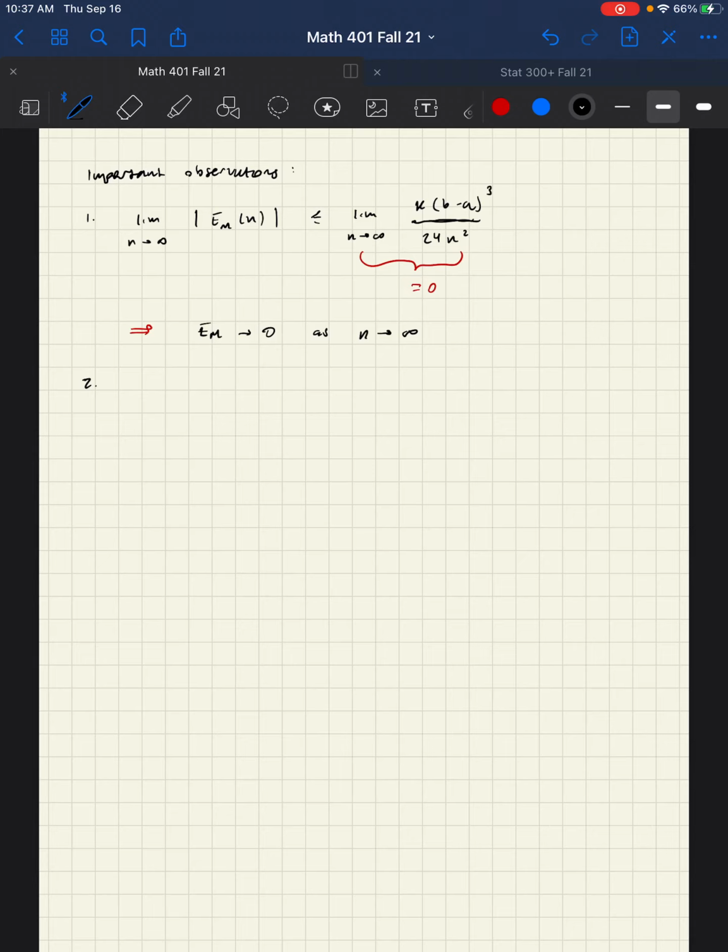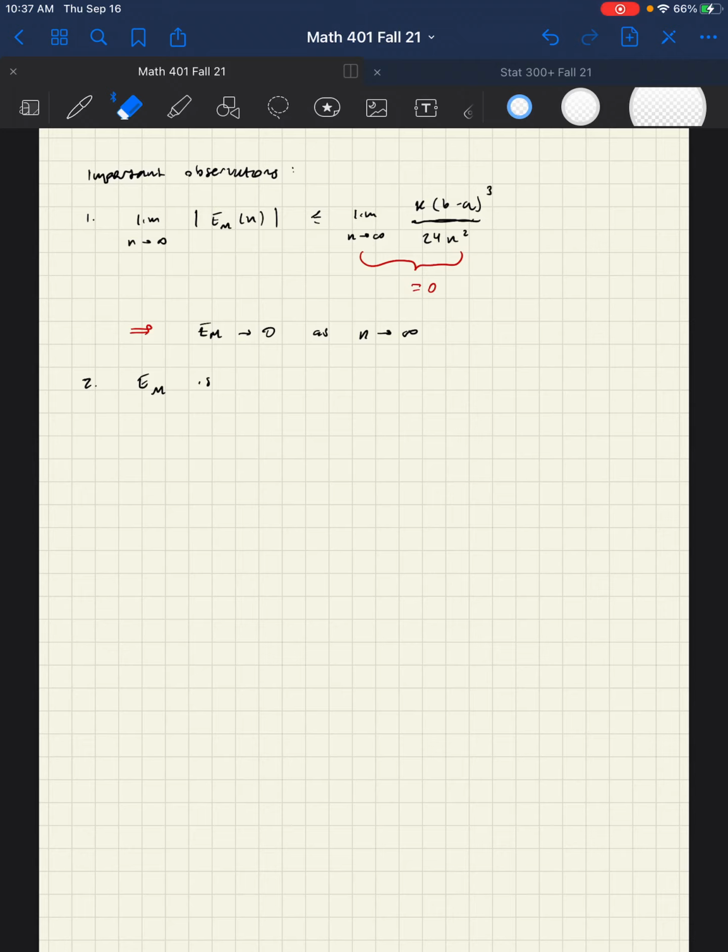Two, how quickly it goes to 0 is no more than 1 over n squared. So we would write this as e sub m is, I'm going to use what we call big O notation. It looks weird, but I'm trying to do a big O. Let me draw it a little bit better, because you're going to see this notation later on.